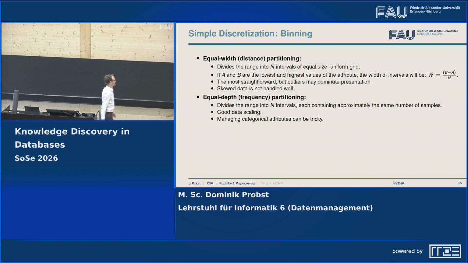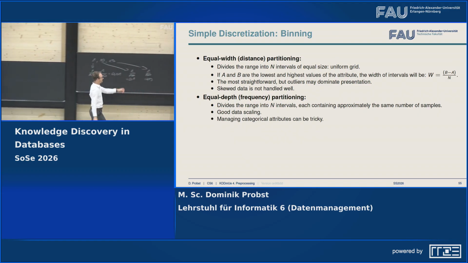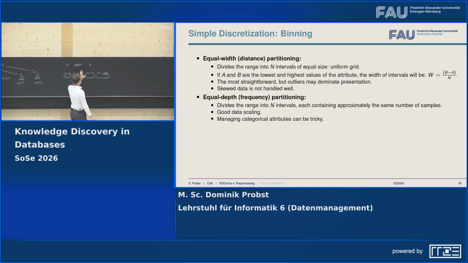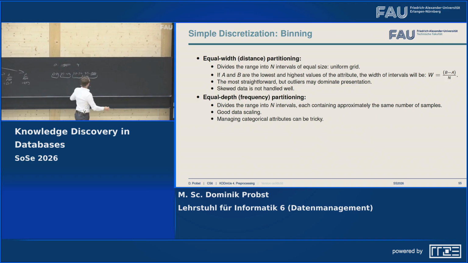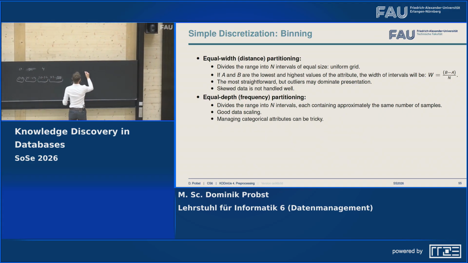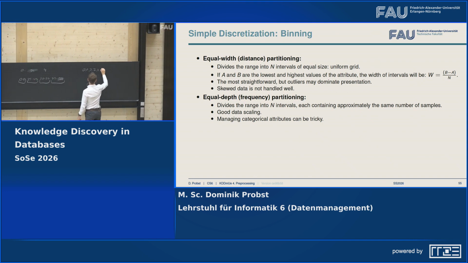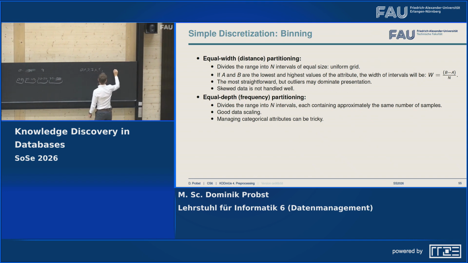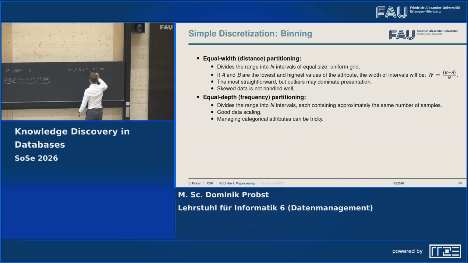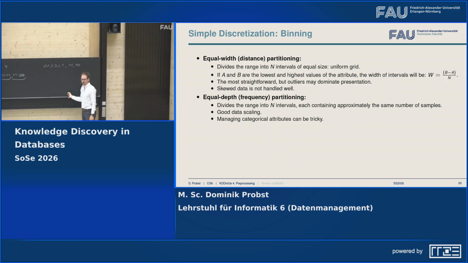So let's do an example for that. Let's use the value range of 0 to 99 again, and we are using 4 buckets again. And let's say we have 0, 1, 2, 3, and 4 and 5, and then we have 75 and 99. So we have 8 values in total.